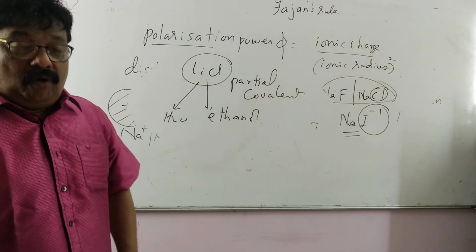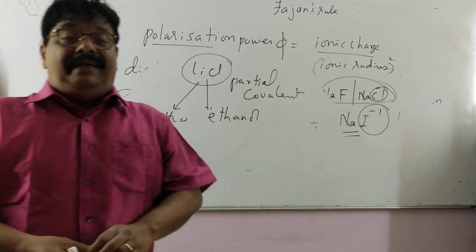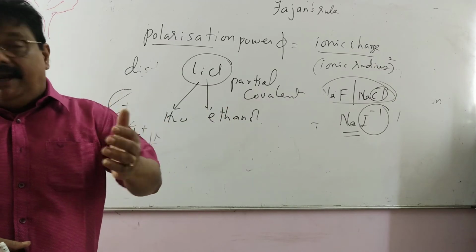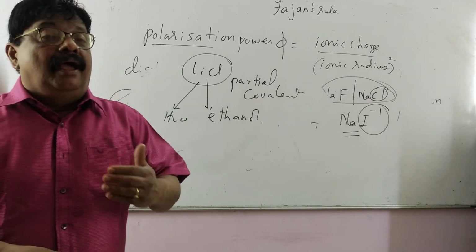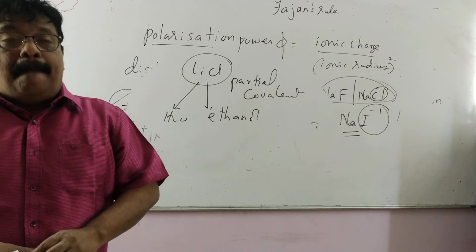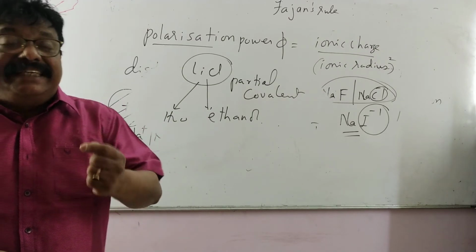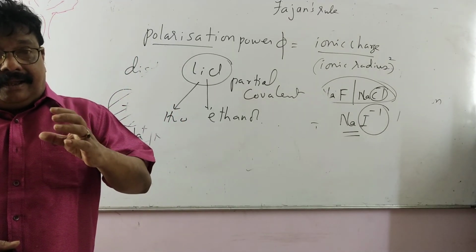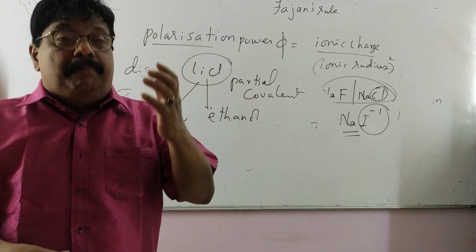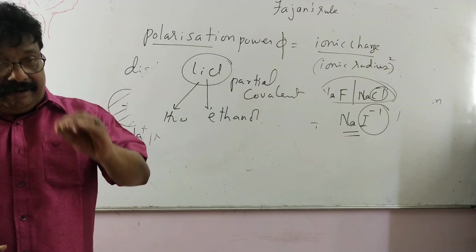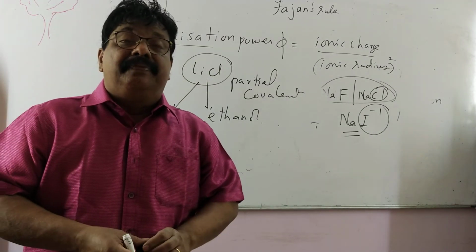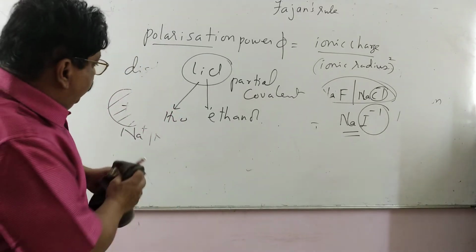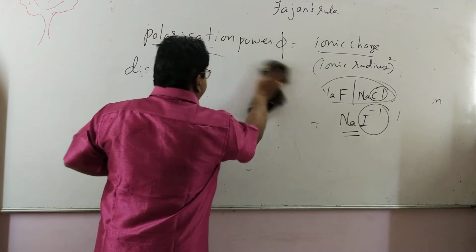If you are asked why lithium chloride or lithium salts are sparingly soluble in water as well as in alcohol, you will say because of the smaller size of lithium plus its polarization will be more, so it will develop partial covalent character according to Fajans rule.